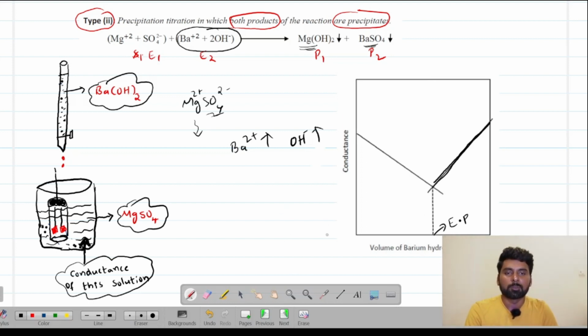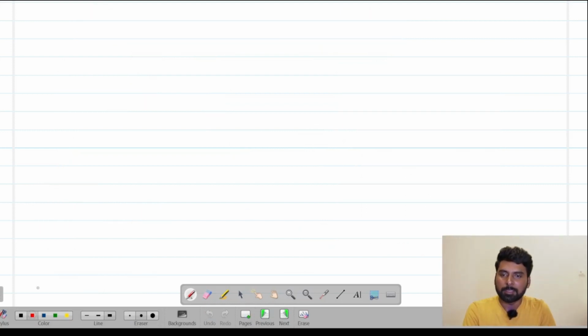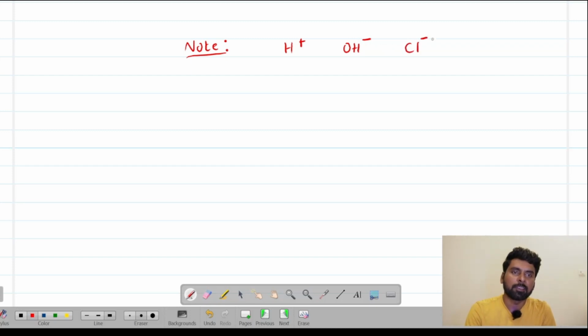For your remembering, I am giving one note. That note is the mobility of ions. Which ions am I comparing? H plus ion mobility, OH minus ion mobility, chloride ion mobility, and Na plus mobility.